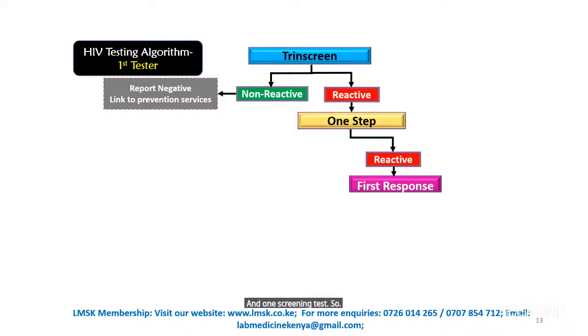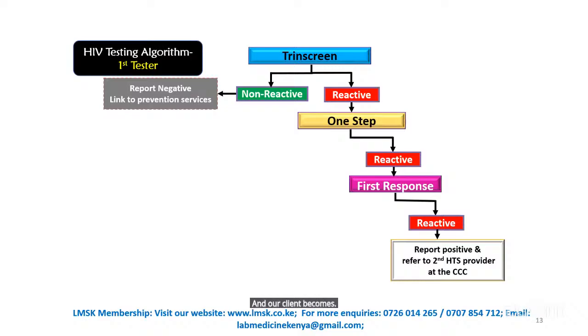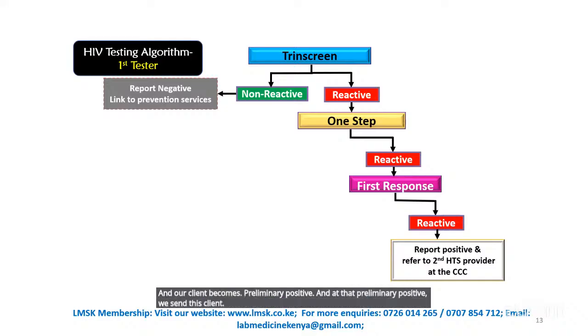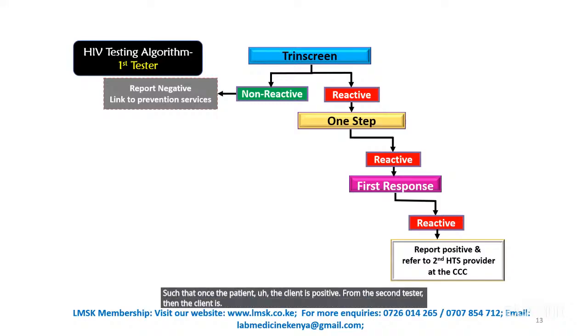Once 1 step is positive, we move to our second confirmatory, which is First Response. Once First Response is positive, we report it reactive and our client becomes preliminary positive. At that preliminary positive, we send this client to the second tester at the CCC. Why at the CCC? Because we've made our CCC, the comprehensive care clinic, a one-stop shop, such that once the client is positive from the second tester, the client is enrolled on treatment.